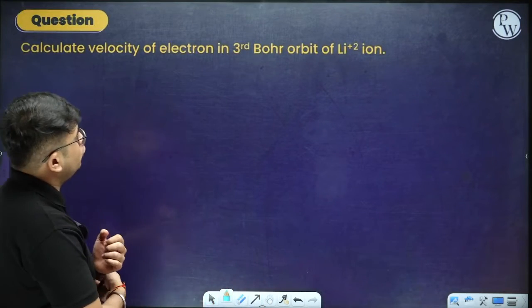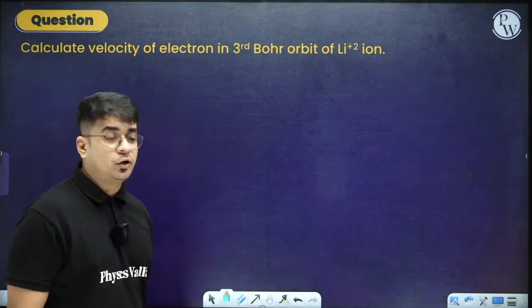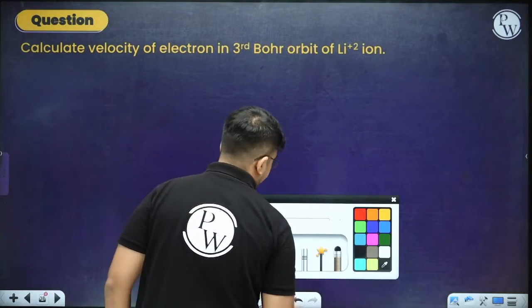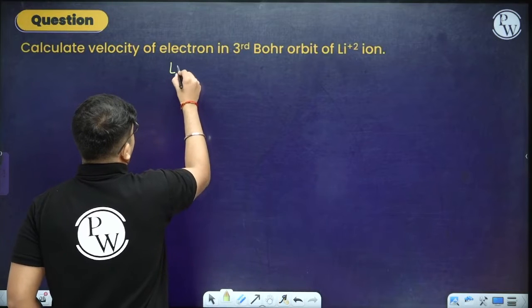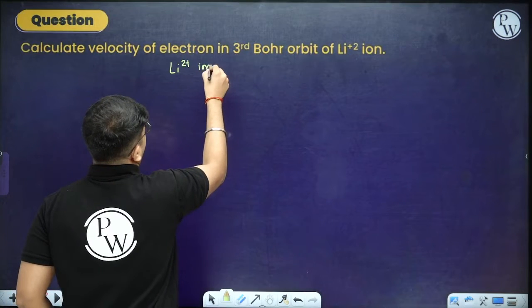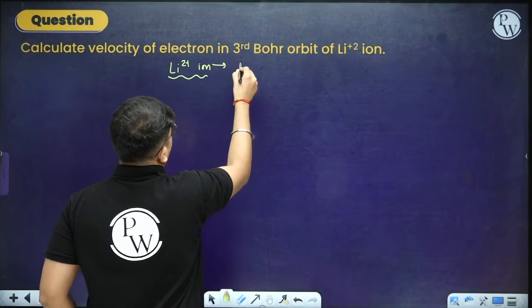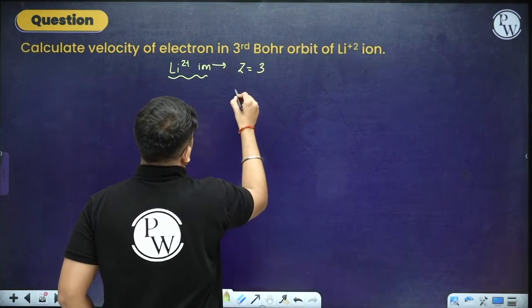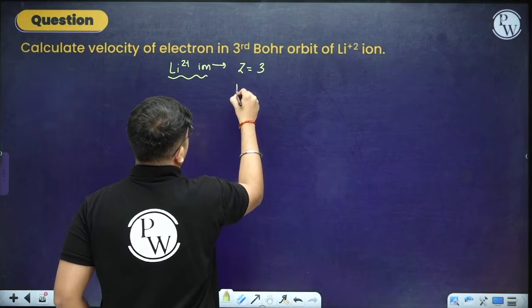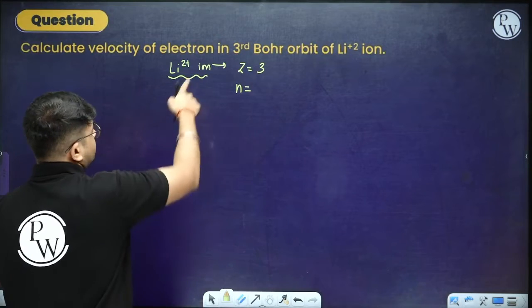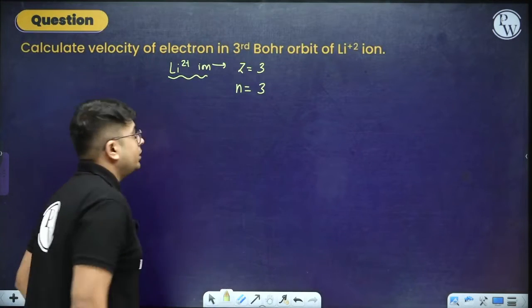Calculate velocity of electron in third Bohr orbit of lithium 2 positive ion. Now we know for lithium 2 positive ion, its Z value is 3, and the next part which is required is n. N is third Bohr orbit, so this is again 3.